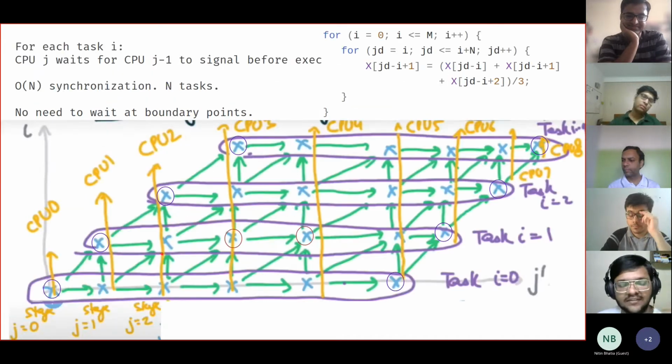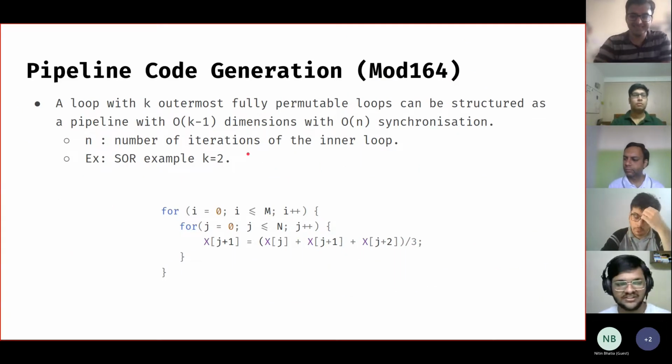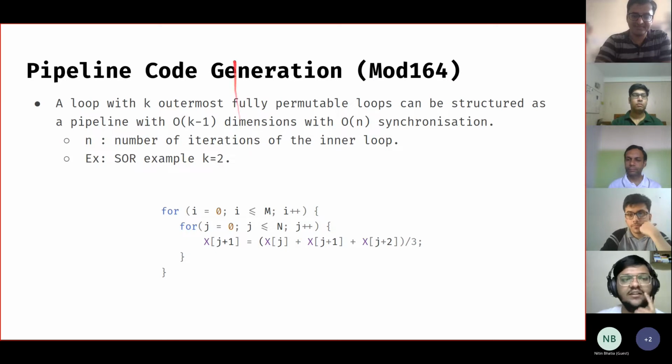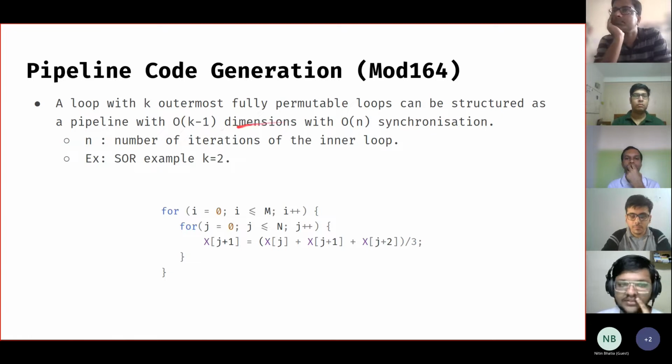Now, after doing this, let's talk about code generation in the pipeline case. In general, if we have k outermost fully permutable loops and we want to structure them as a pipeline, then we get a k minus one dimensional pipeline with O(n) synchronization.